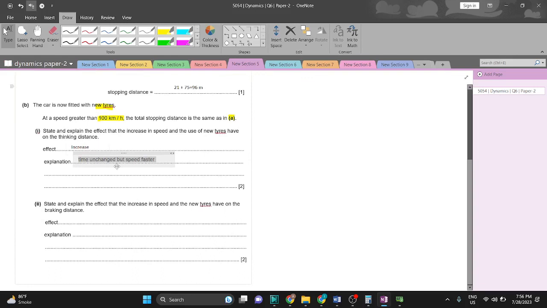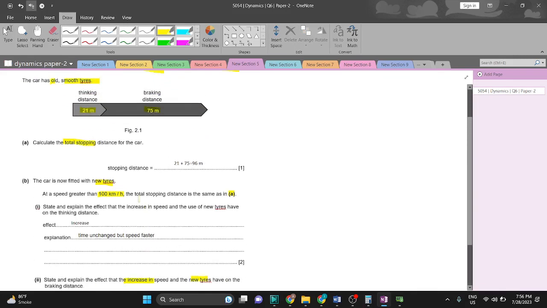Okay? So two, state and explain the effect that the increase in speed and new tires have on the braking distance. First of all, there is an increase in speed and the change to new tires.